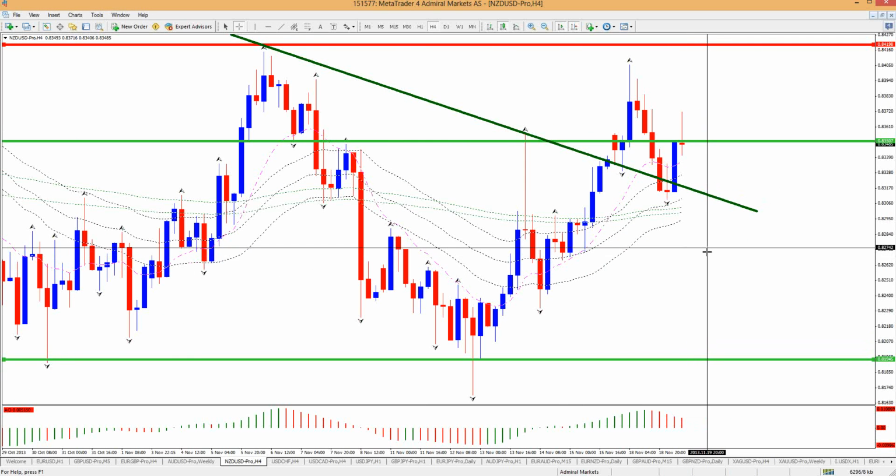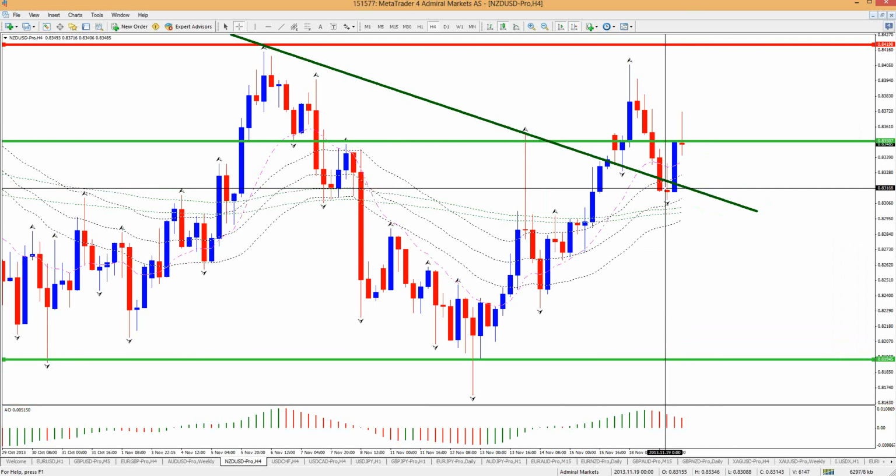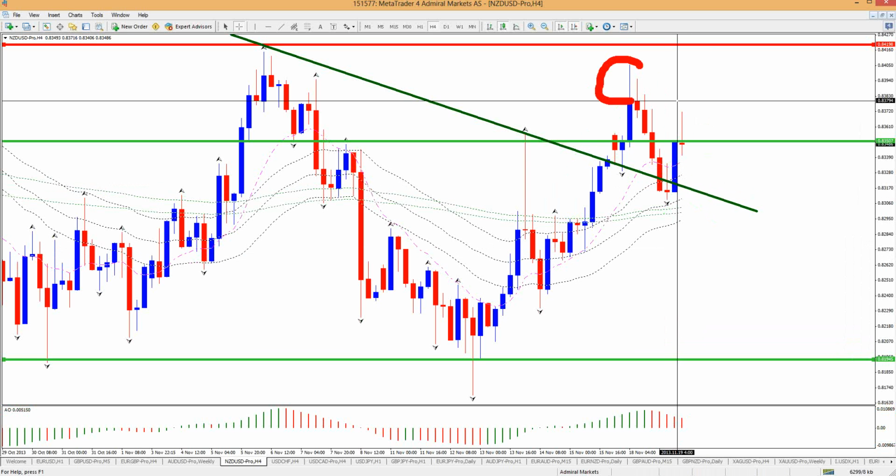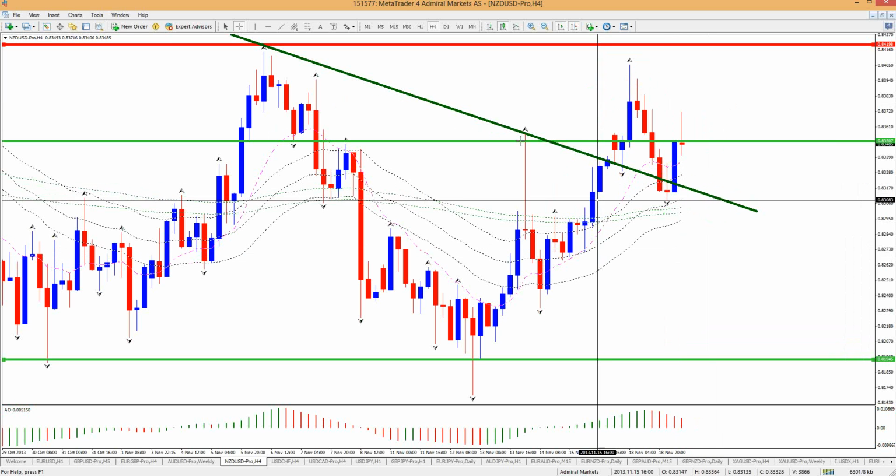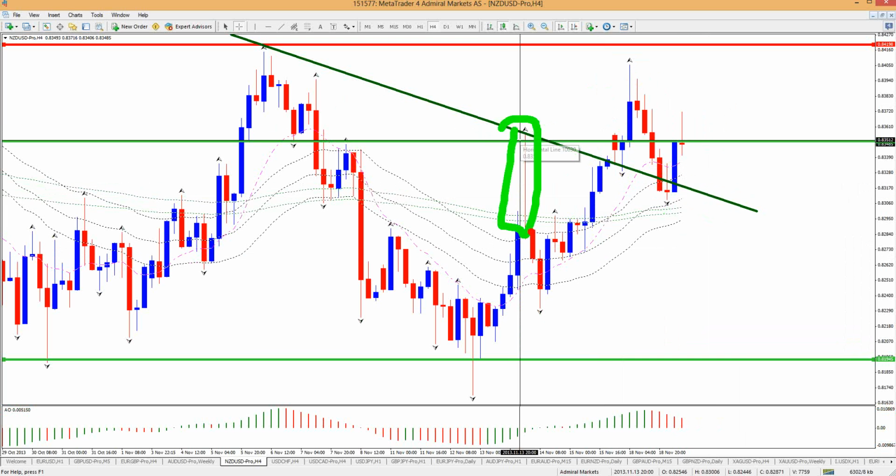Decent, not great, because we only had 2 bars up here, and it's not a clear trend to the upside on the 4-hour chart. If we get a pin bar like that at the top here after this run up, that would be a better signal, just maybe something like this. We had a bit of downside.